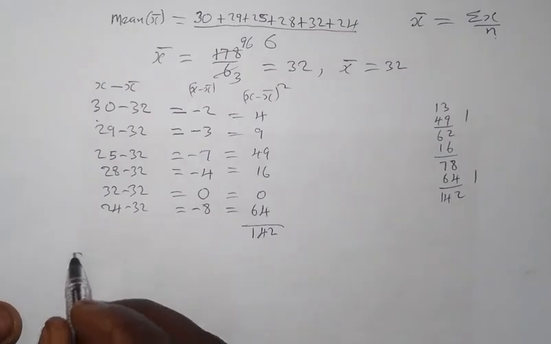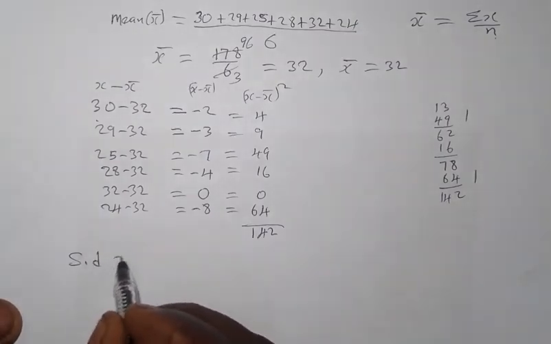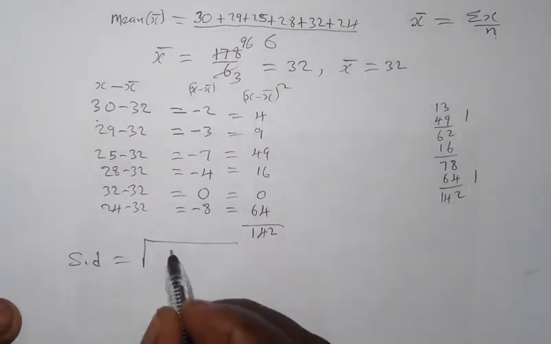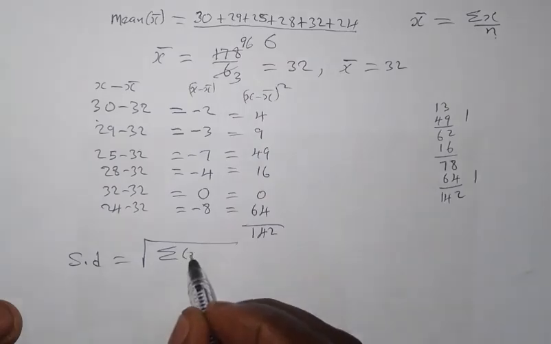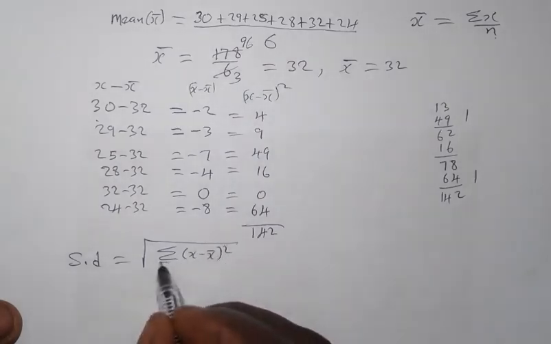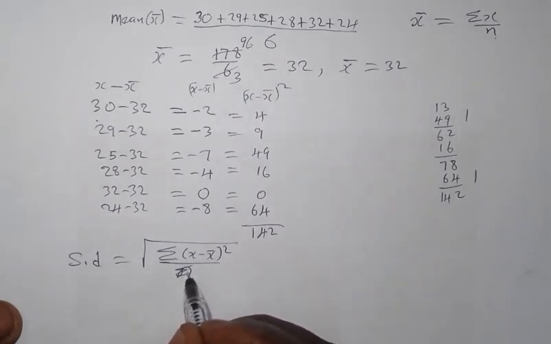If we have this as 142, then we can find our standard deviation. Standard deviation is equal to the square root of the summation, in this case from ungrouped data, of (x minus x bar) squared all over n.